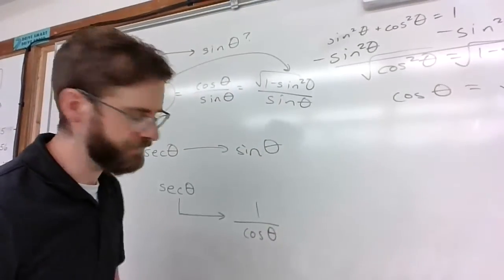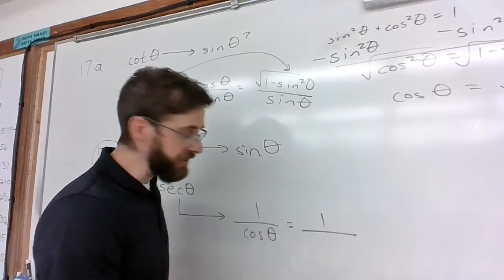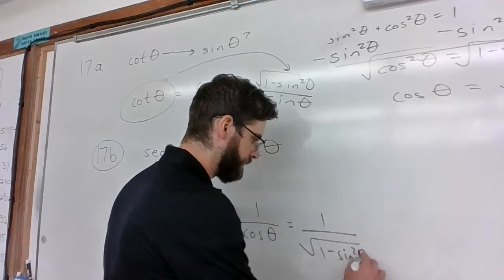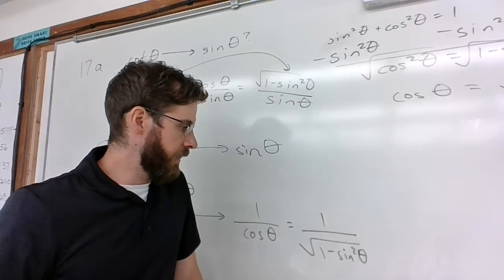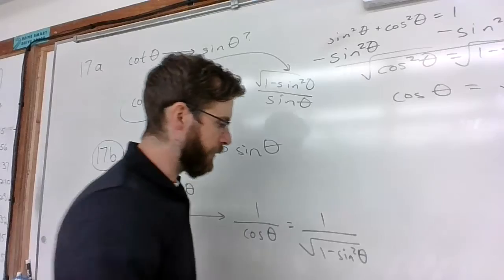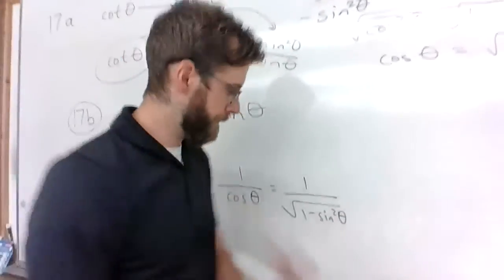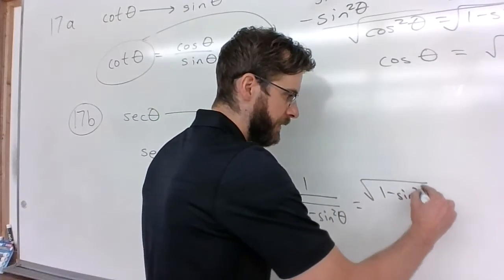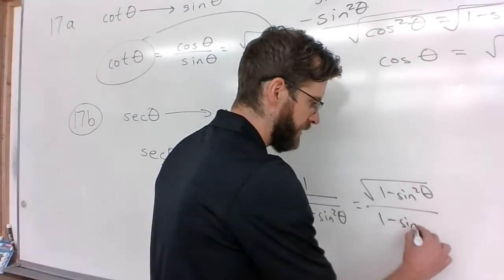Why would we do it again? I guess for convenience. Some people like that. And if you wanted to rationalize it, so there's no root on the bottom, multiply the top and bottom by root 1 minus sine squared, which would equal root 1 minus sine squared on top divided by the rootless 1 minus sine squared.